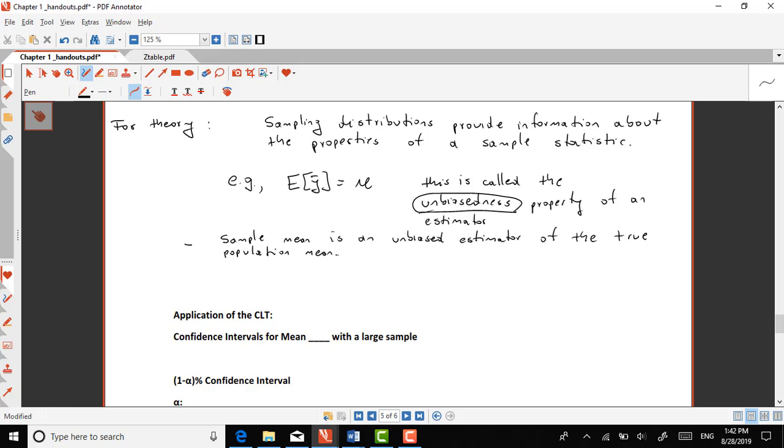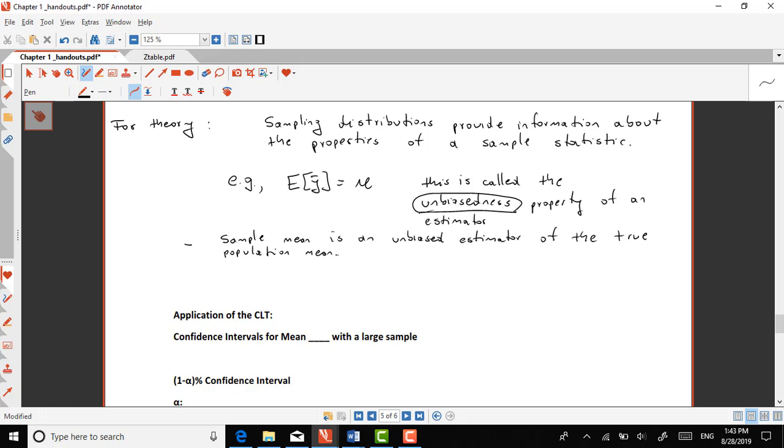Okay, but I want you to be thinking a little bit more about it. It sounds great. Everybody's excited? I might take the excitement out of you in a second. Unfortunately, remember this idea about sampling distributions. This is a property of the sampling distribution.